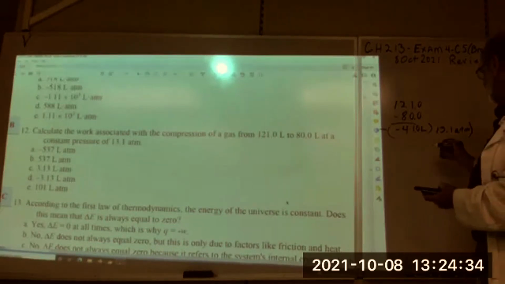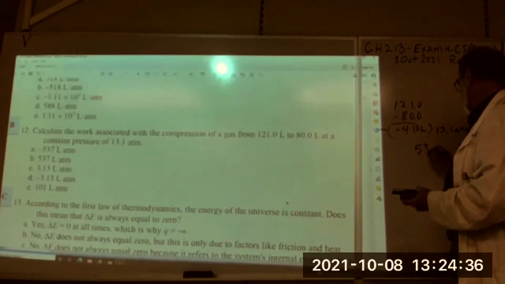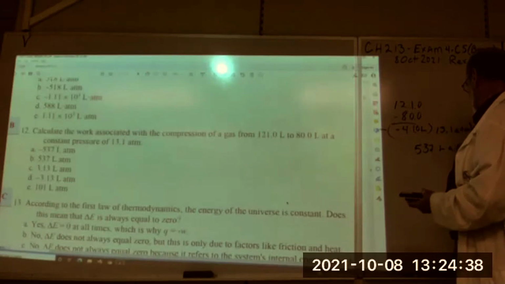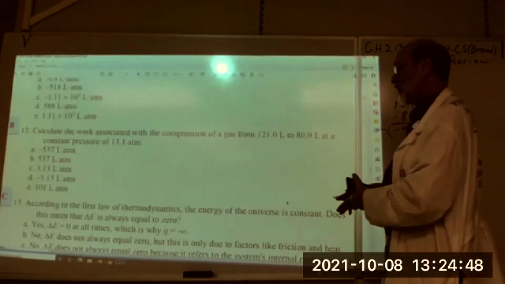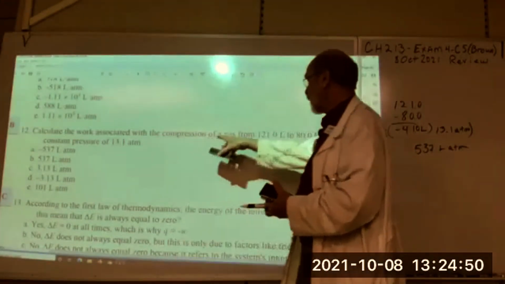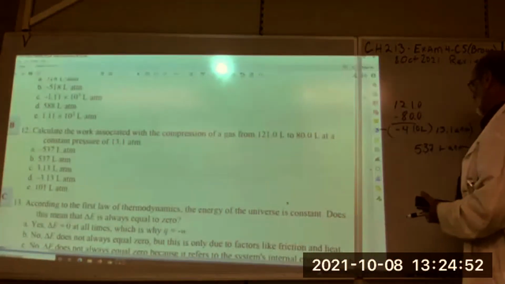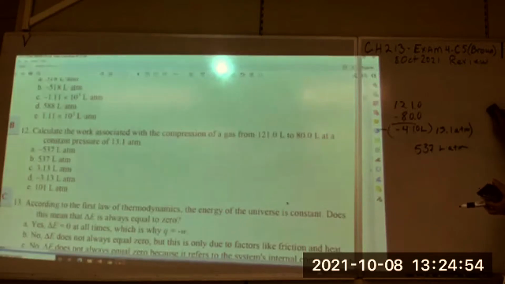So that's 537 liter atmospheres. Positive 537. Okay, you know it has to be positive because work is being done on the gas.